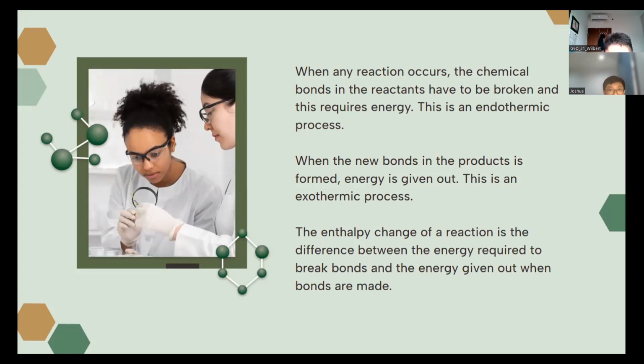So when energy is taken in, it is called an endothermic process, and when energy is given out, it is called an exothermic process. The enthalpy change of a reaction is the difference between the energy required to break bonds and the energy given out when bonds are made.